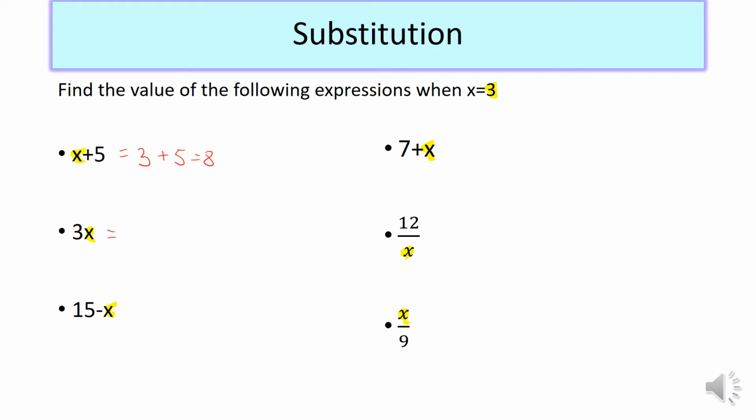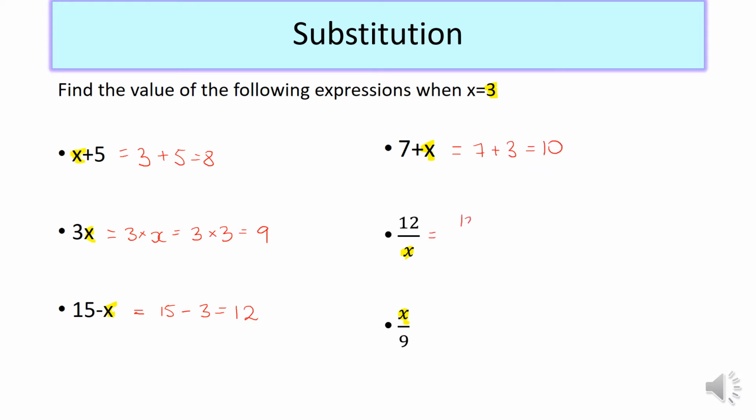Remember, 3x actually means 3 times x, so that's 3 times 3, which is 9. And the next one, 15 take away x, which is 3, so that is 12. Then 7 plus x, so that's 7 plus 3, which is 10.